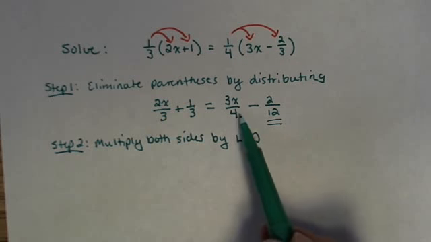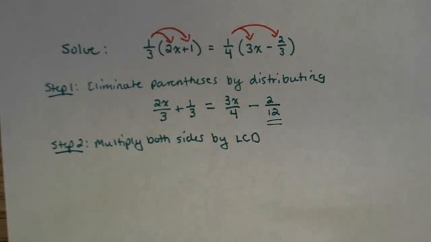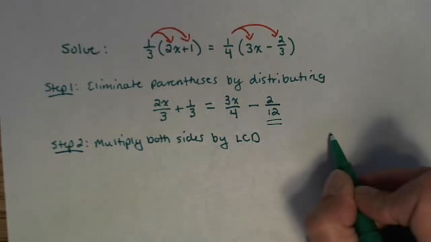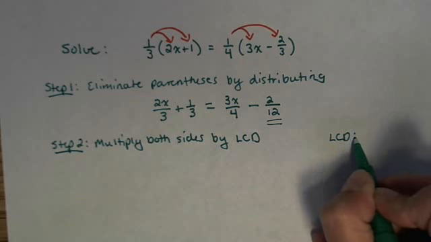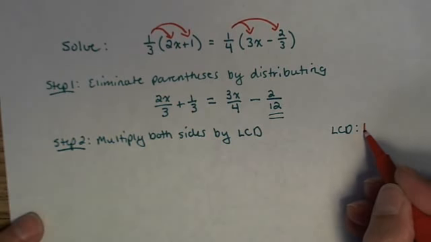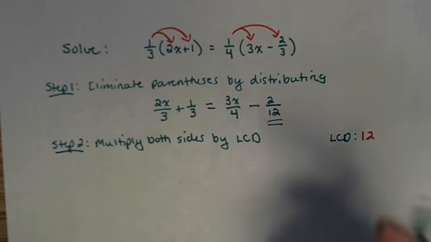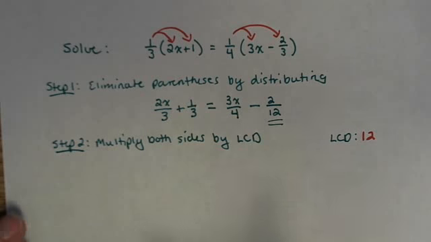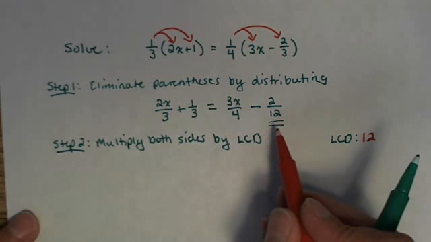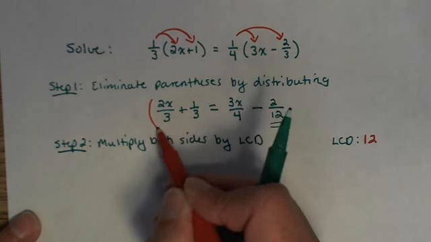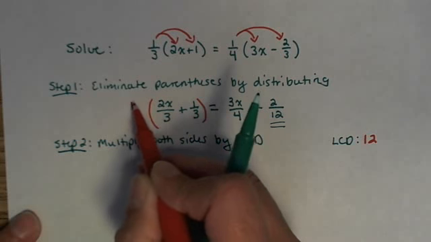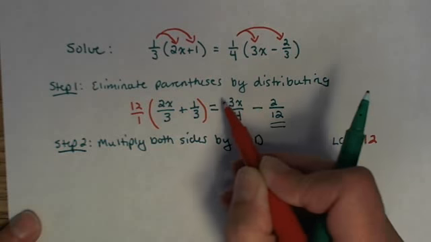I have 4 terms in this equation. The lowest common denominator here ends up being 12. And that's part of the reason I went ahead and left that 12 that we had in the 2/12. Now I'm going to multiply both sides by 12 over 1.